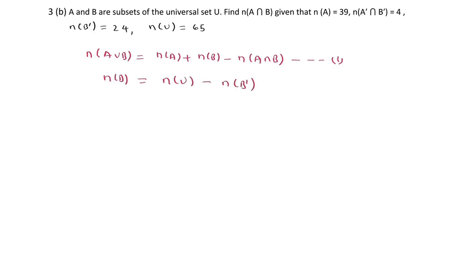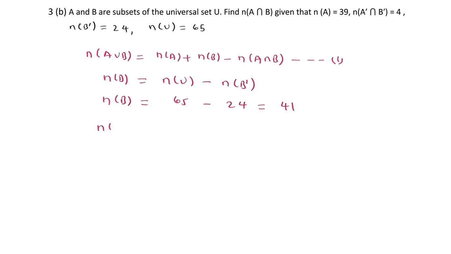Let us substitute the number of B complement with 24 and the number of the universal set with 65. Our equation is the number of B equals 65 minus 24, which, solving this, gives the number of B equals 41.